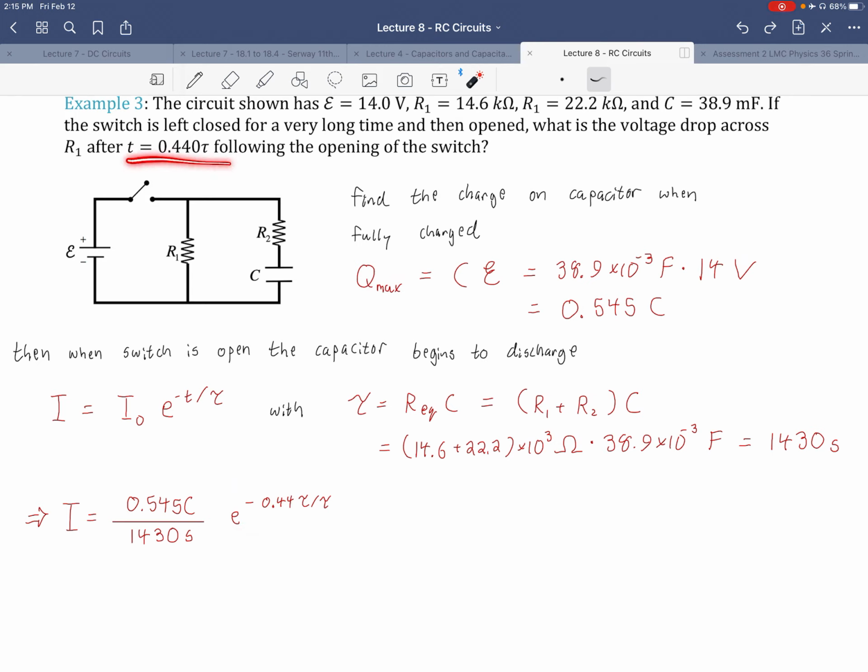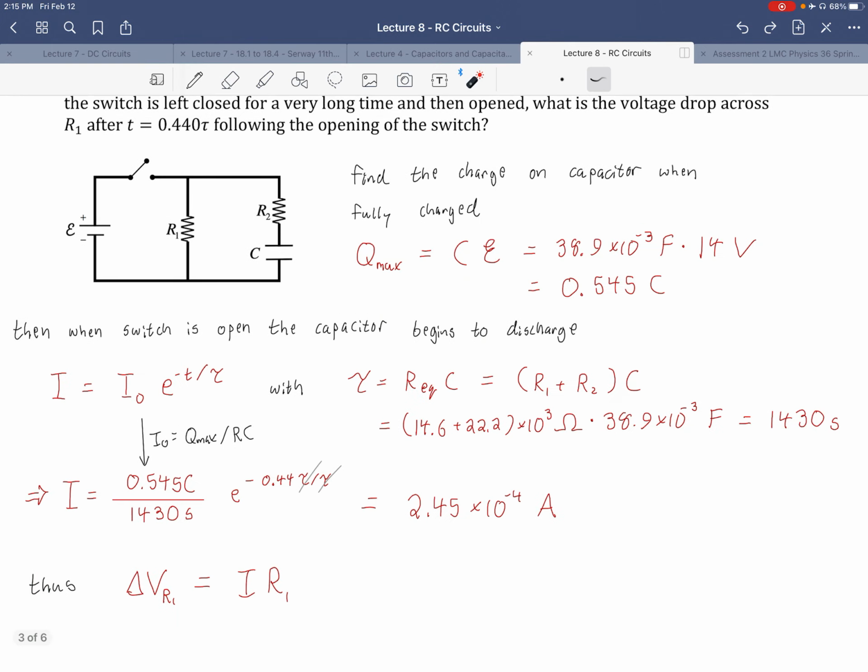Here, my variable t is 0.44 tau, which allows my expression for tau to just cancel out nicely. So now I just have e to the negative 0.44, and here I have pointed out what I naught is equal to. And so we end up with a current after that much time of 2.45 times 10 to the negative 4 amps.